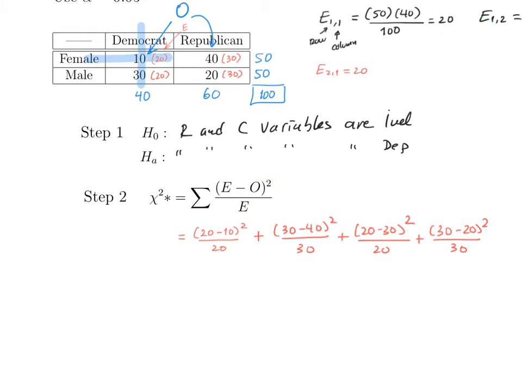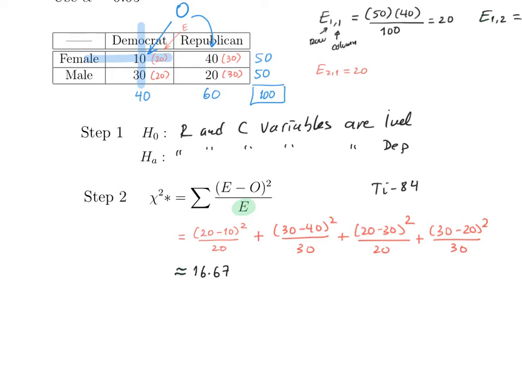But in the bottom, you have to make sure that the denominator is E. So be careful with that. Then simplify all of this, and you end up with something close to 16.67.